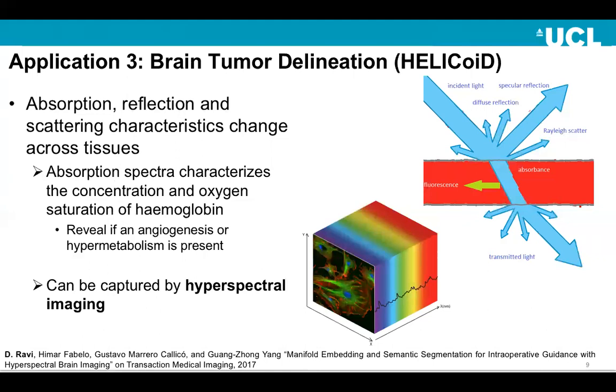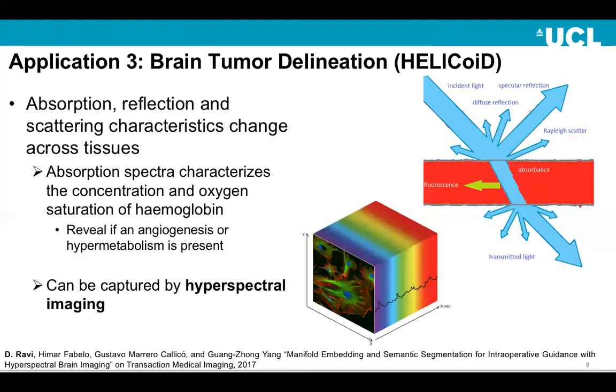More specifically, researchers also show that the absorption spectra characterize the concentration of oxygen and saturation of hemoglobin, and this is correlated with the hypermetabolism and the angiogenesis. So all this information can be described using hyperspectral imaging.